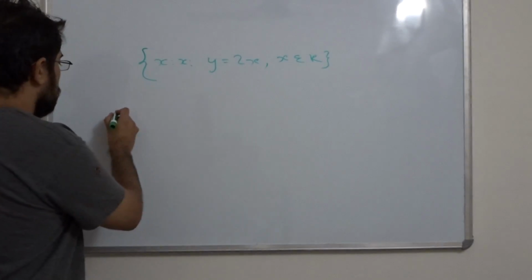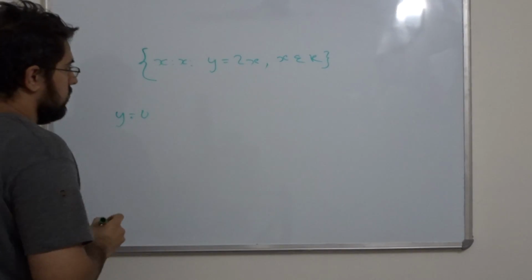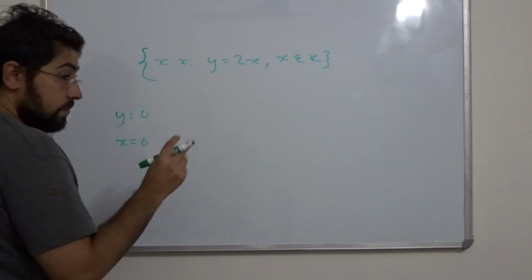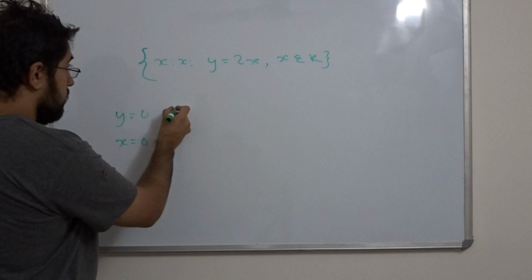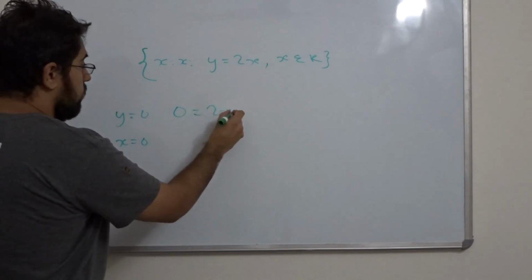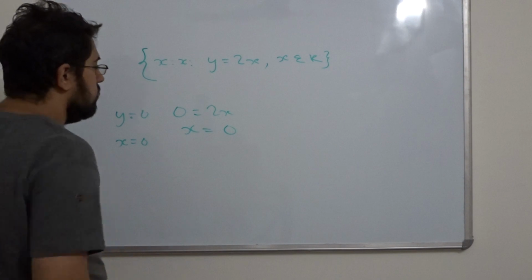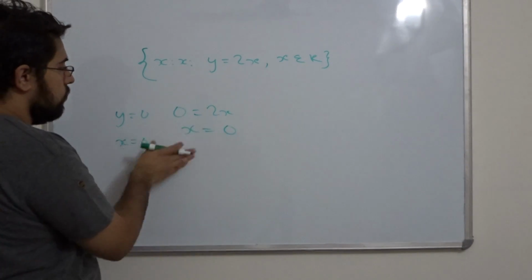You can assume y to be 0, then x will become 0, because when y is 0 you have 2x equals 0, and you divide 2 from both sides.